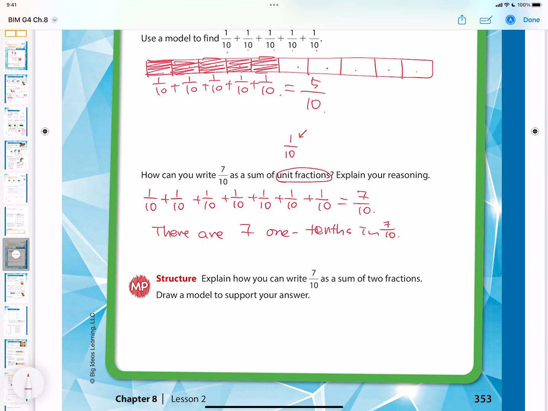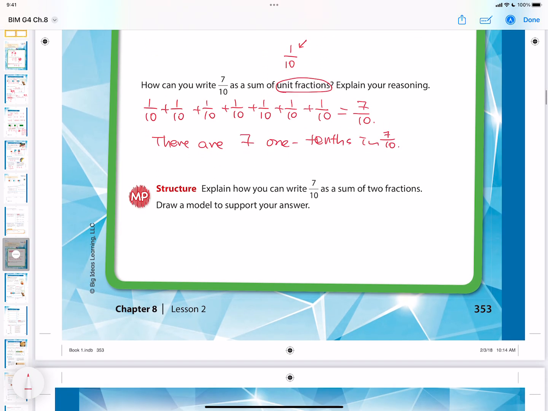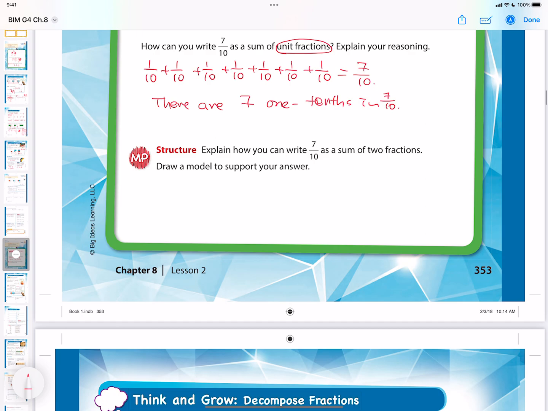All right, explain how you can write 7 over 10 as a sum of two fractions. Draw a model to support your answers. Two fractions, sum of two fractions, okay? Instead of 7 of them, we can break these 7 into two parts. Easy ones are 1 plus 6 or 2 plus 5, even 3 plus 4, right?